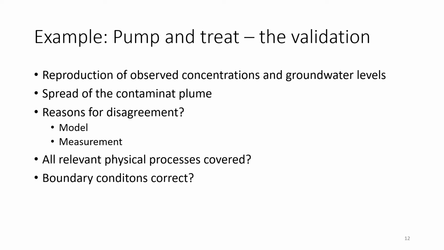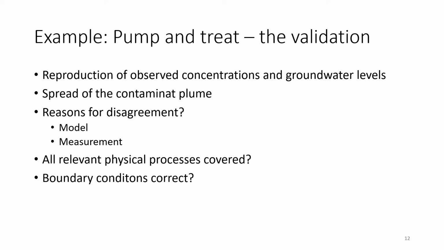And then you will probably find disagreements in some spots, and then you can think, okay, why? What do I do differently in the model than what might actually be the case in the field? So there can be mistakes in the model, but sometimes you will find that the way the measurement was taken is different from what I'm calculating in the model.